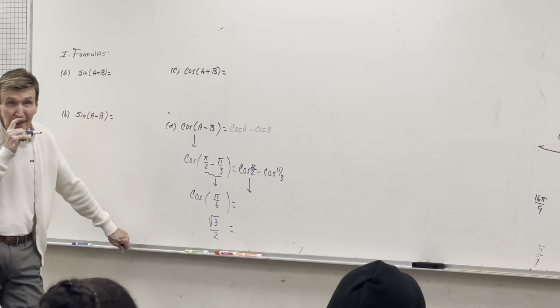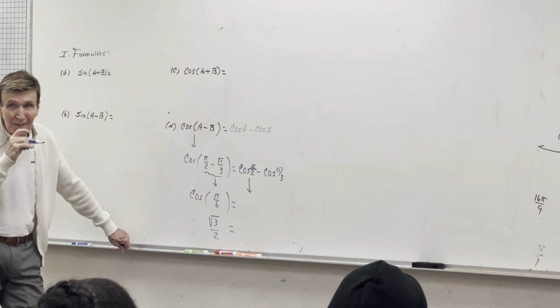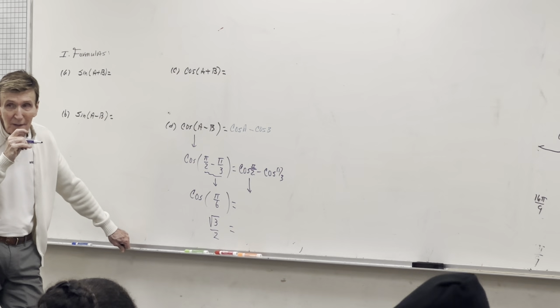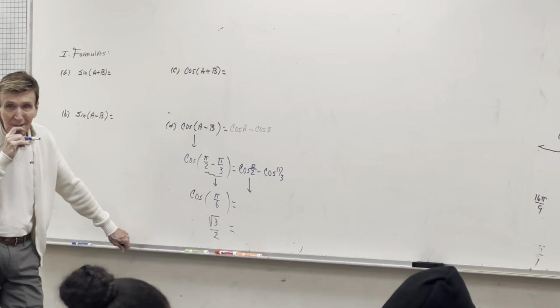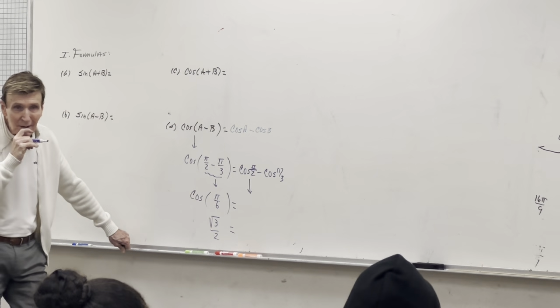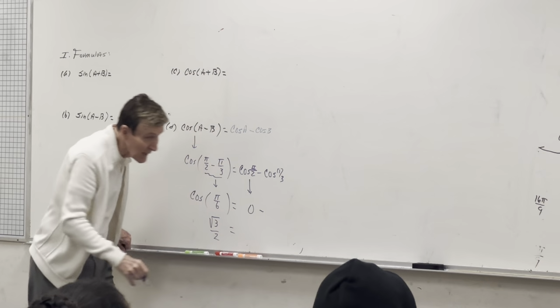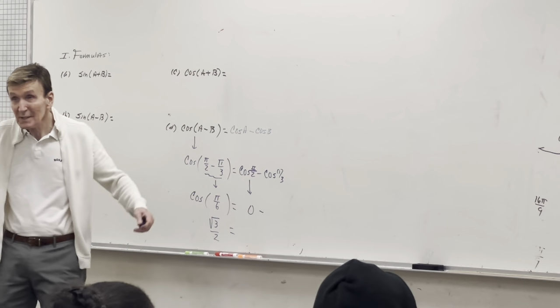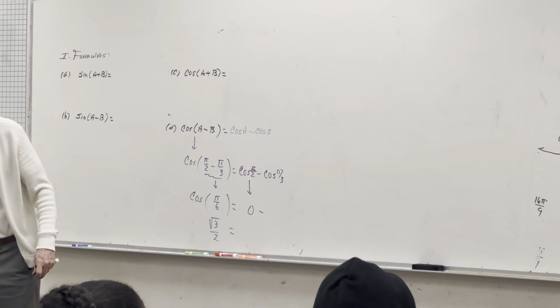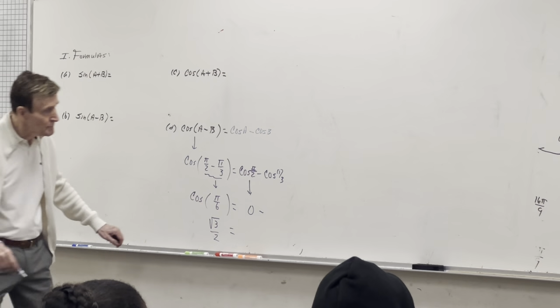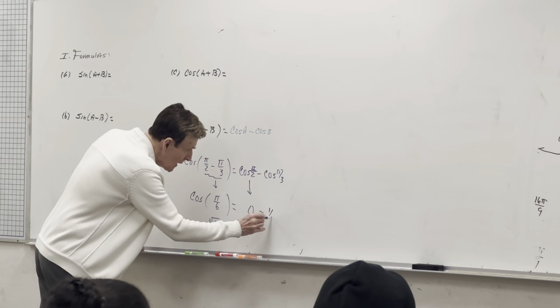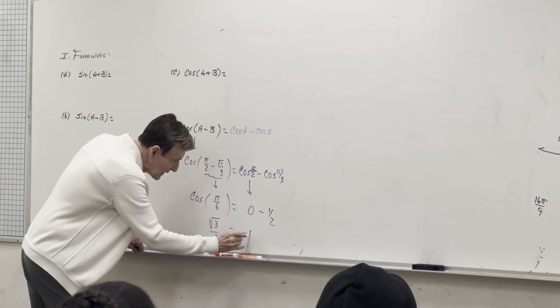Who recalls what the x-coordinate cosine was up at 90? Oh my goodness. It's 0. And subtract now, who remembers the cosine, the x-coordinate at pi over 3, which is like 60 degrees? How much was it? 1.5? And therefore this side would give you this for an answer.